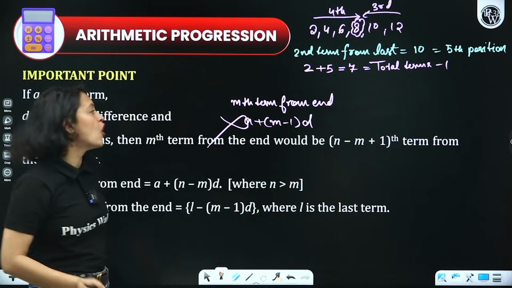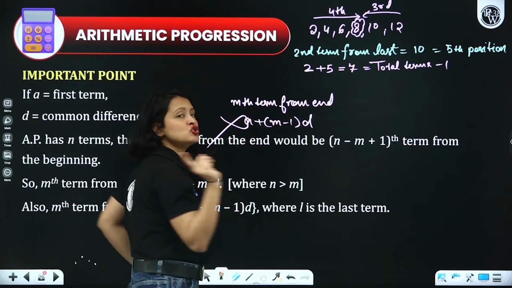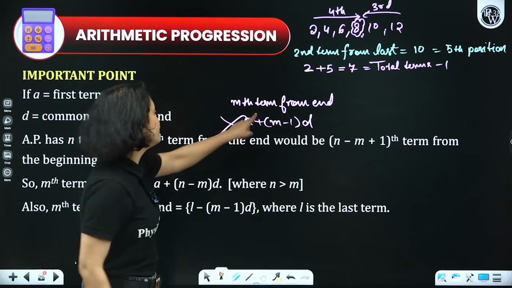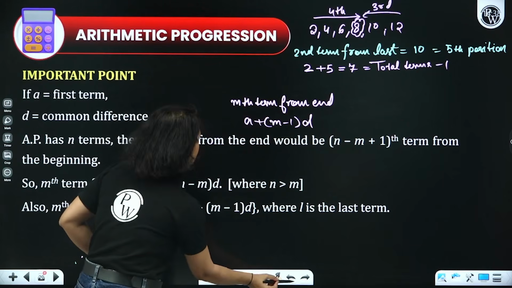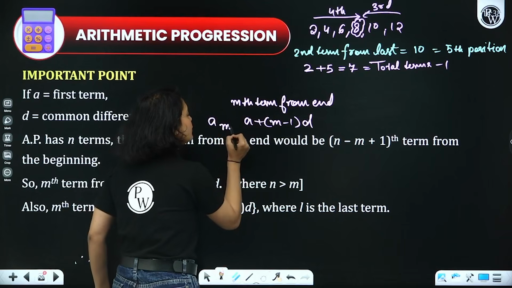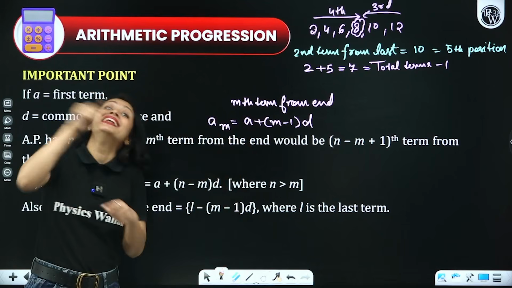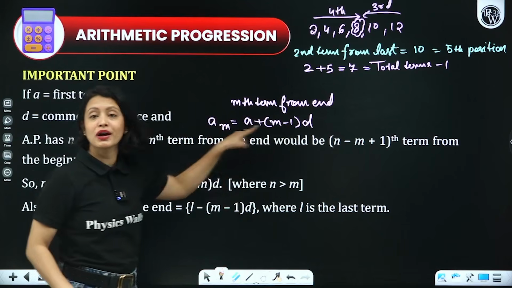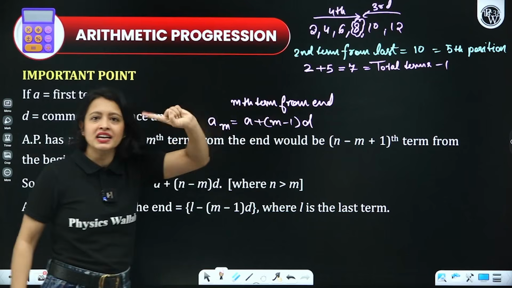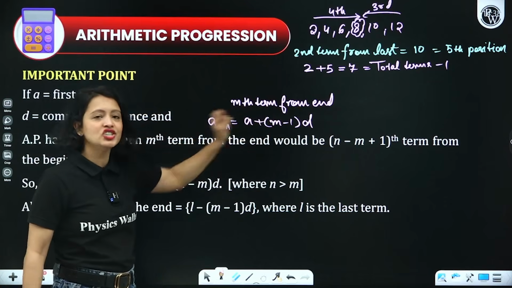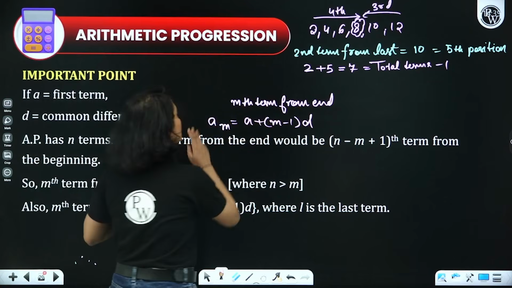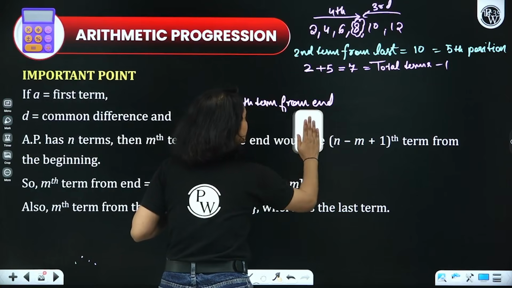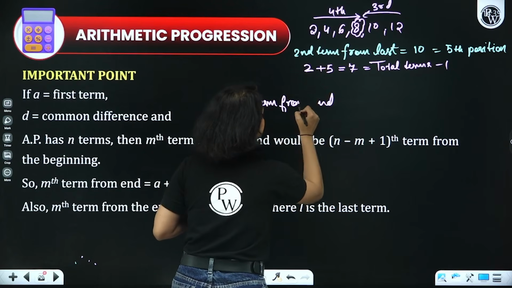Because the mth term from the end is not the mth term from the beginning. This formula is for the beginning part, right? If you had to figure out the mth term from the beginning, this formula would be useful. But the mth term from the end would not have the same position, right? So how would you figure out the mth term from the end? For that, we will use this thing here, from end.